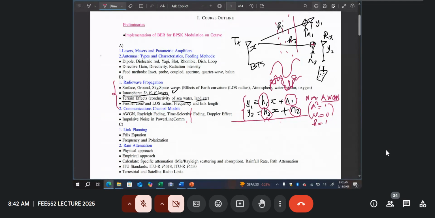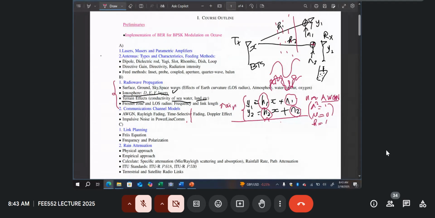So in that case, for clear air, so this is rain, H is defined by some PDF, and that doesn't just have to be Rayleigh, it could be Weibull distribution, it could be log-normal distribution, it could also be gamma distribution, which all of them is just the severity of the tail of that PDF, how severe it is. Okay, which means your signals, you are likely to receive them in error due to attenuation.